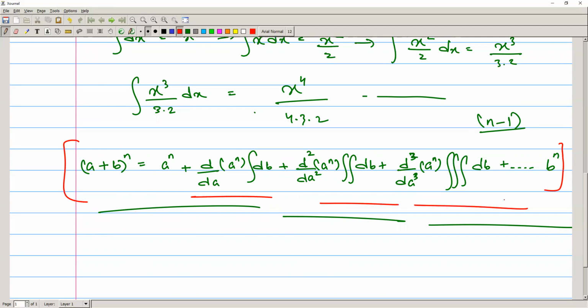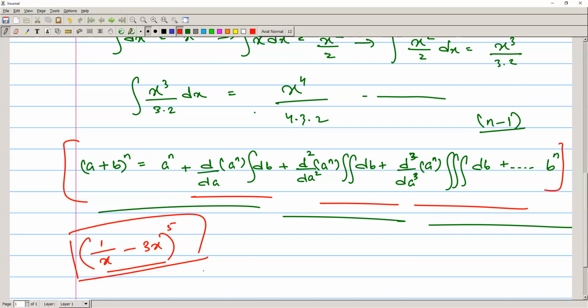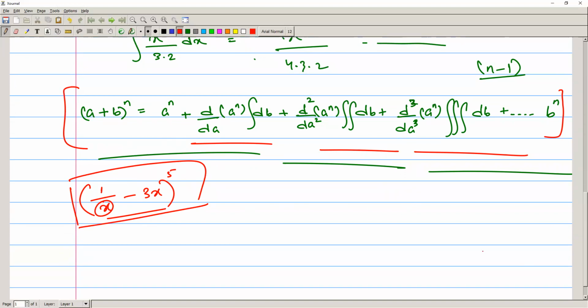And don't apply this expression to forms like, let's say, 1 over x minus 3x to the power 5. What will happen if you apply the integral and derivative on this function? This is a function, so this will not apply to this form. What you need to do is just apply it on the formula.